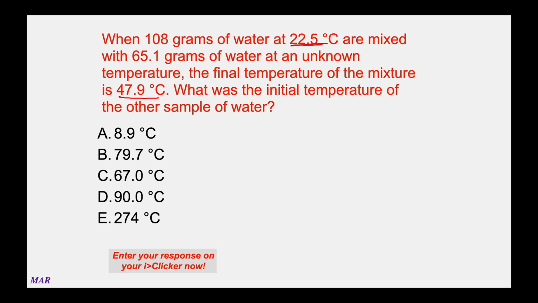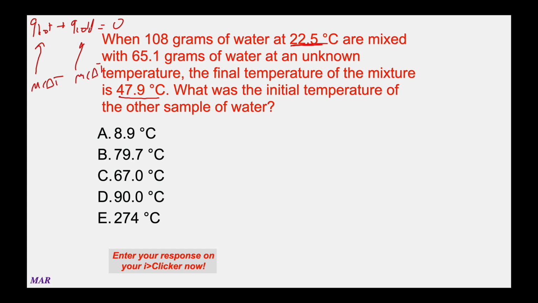Now, in thermodynamics, it's Q hot plus Q cold equals 0. That's a way that scientists say that no energy has been created or destroyed. Now, both the Q cold and the Q hot are going to be an mc delta T, all right?